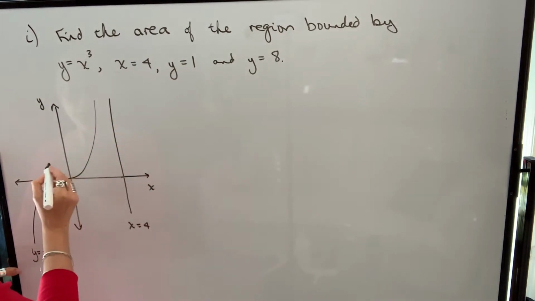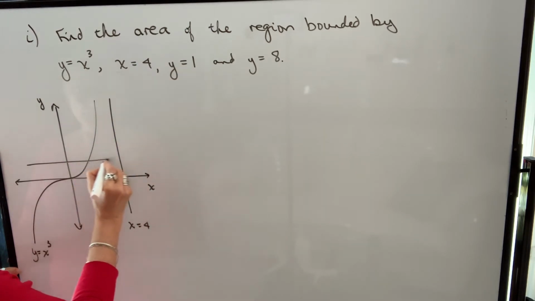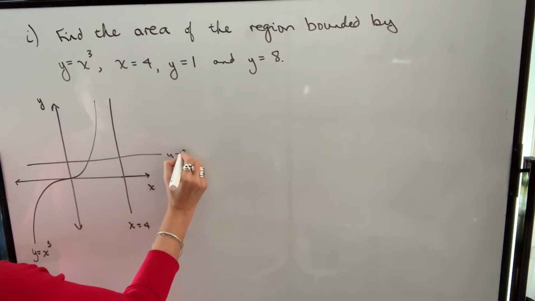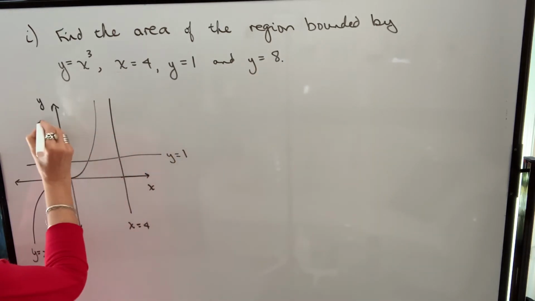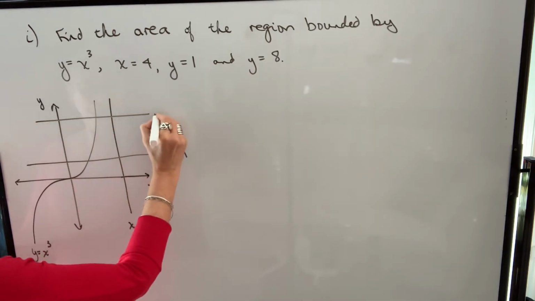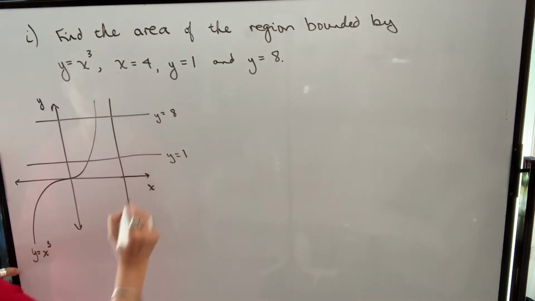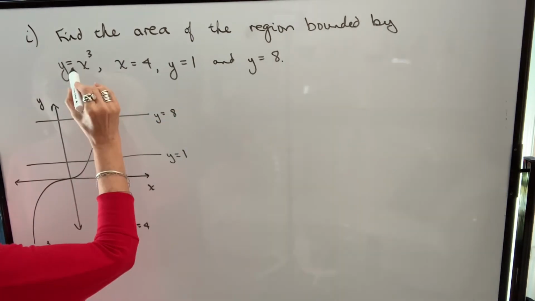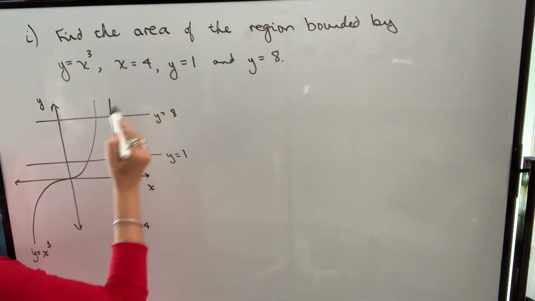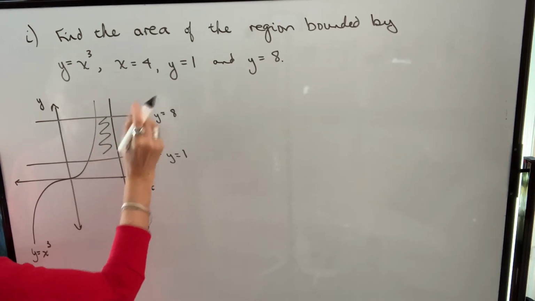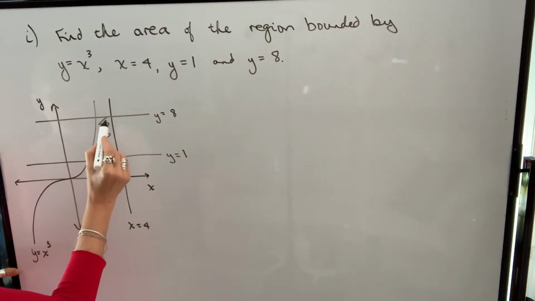Y equals 1 is a horizontal line, and y equals 8 is a horizontal line. So the region bounded by those four curves, although some of them are actually straight lines, would be this.